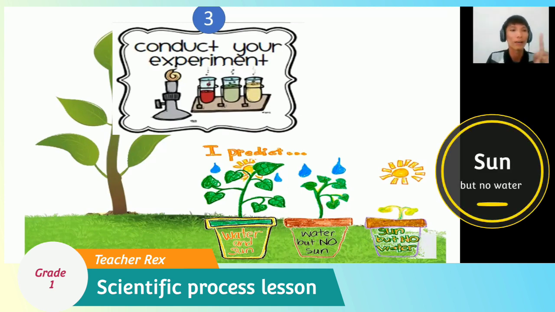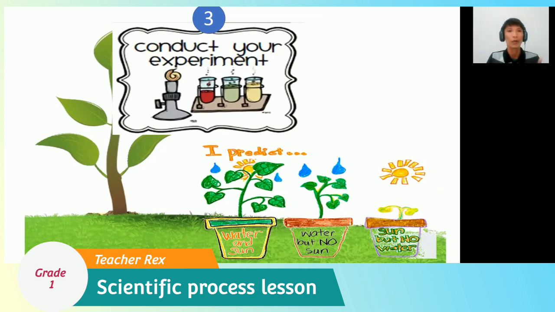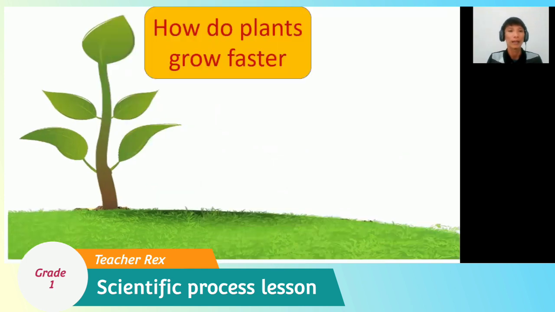I repeat, on the first picture, repeat after me. Water and sun. Number 2, water but no sun. And number 3, sun but no water. Okay? Let's proceed to the other picture.